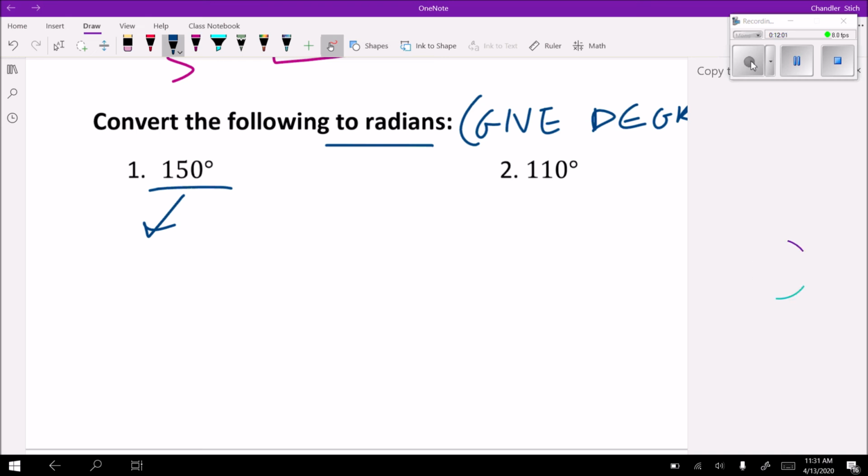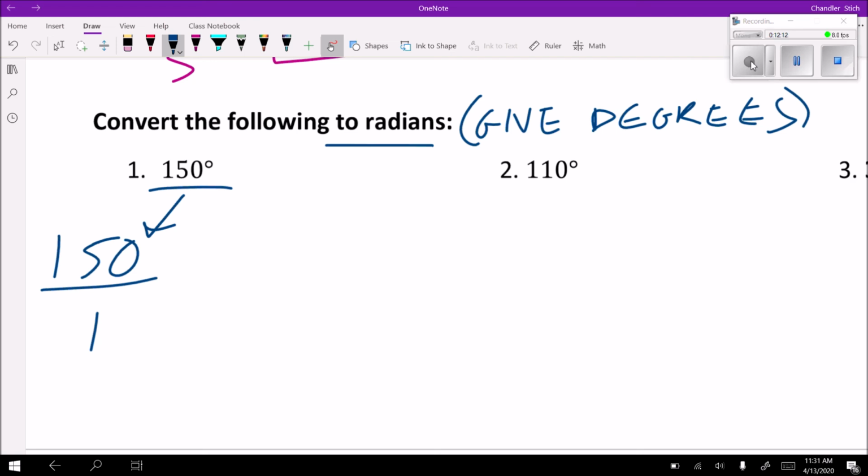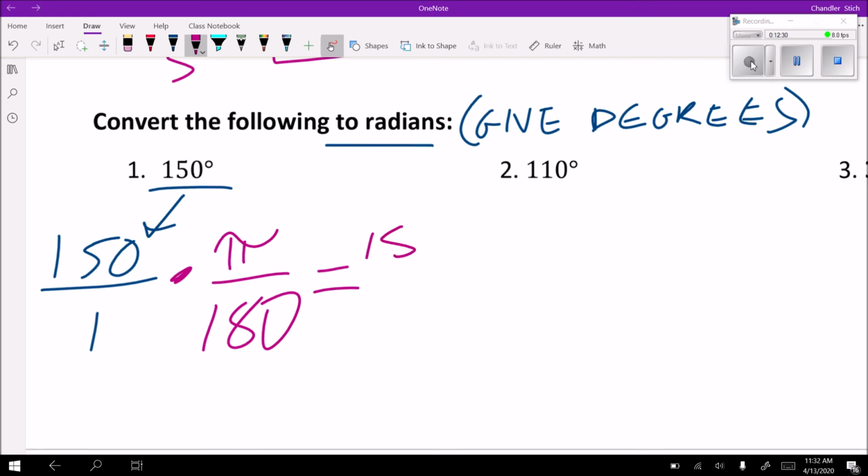I can rewrite this as 150 over 1 times, and I want to convert to radians, which means that I should be doing pi over 180, and I convert 150 pi, multiply across, over 180.